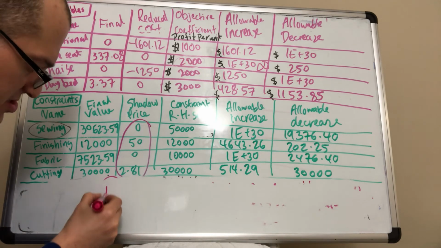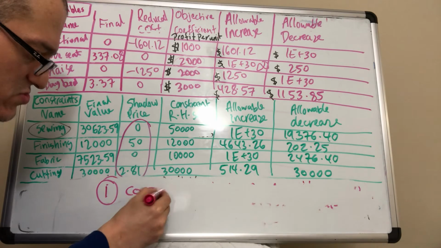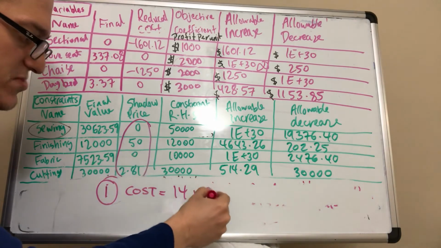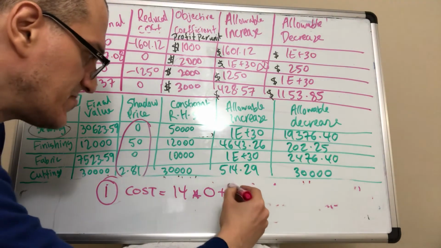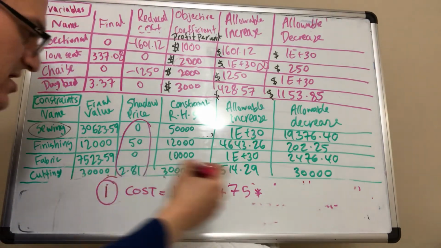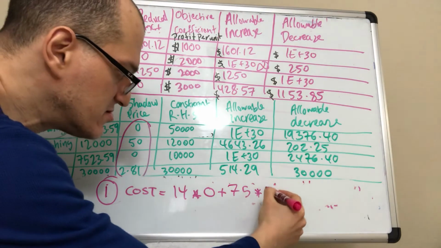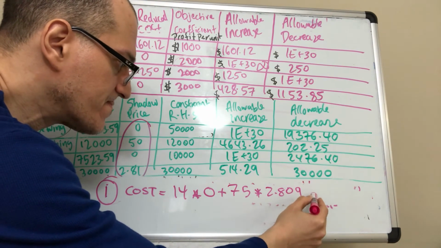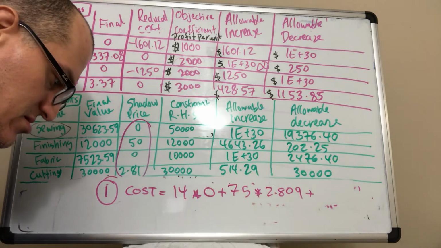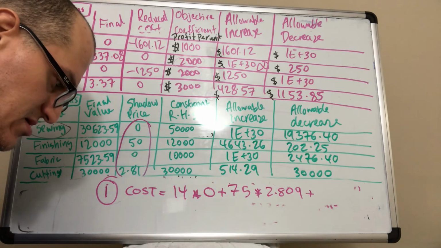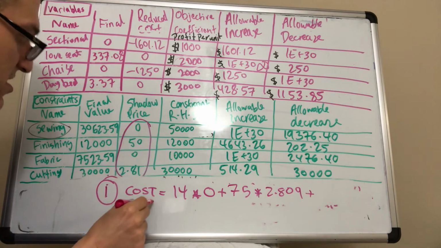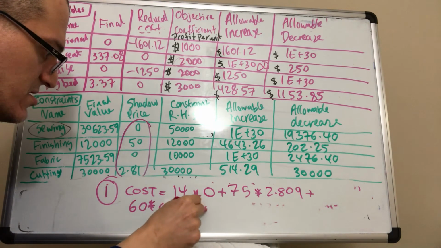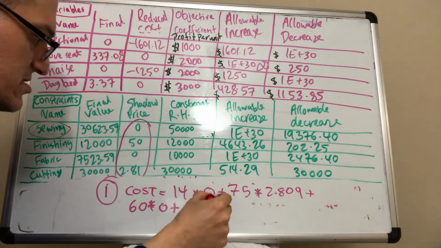Okay, so to actually know if it's a good product or not, let's see how much it will cost you. 14 fabric, and each one shadow price 0, so there is no cost for fabric. 75 cutting, and cutting has a shadow price of 2.80, say 9, plus you're going to also need, according to the question, 60 minutes sewing, and each one is 0, and 65 finishing, and the shadow price for finishing is 50.